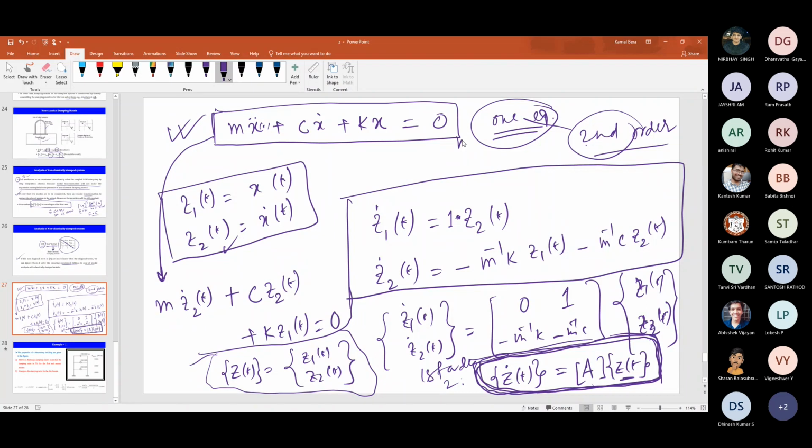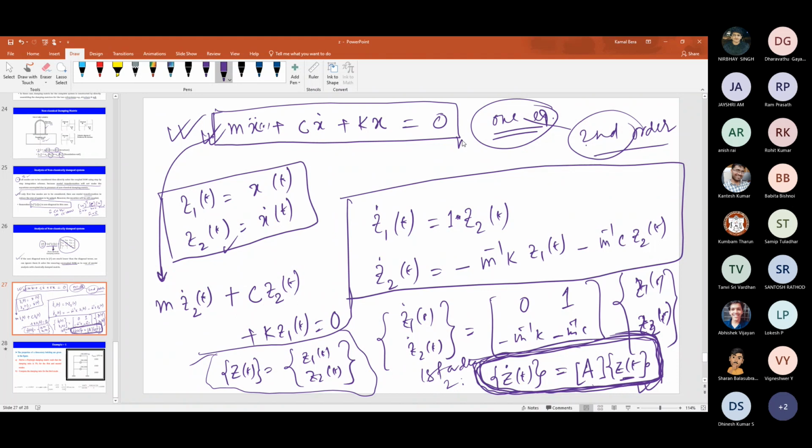It should not really be discussed at the BTech level, but just for information I have given it, since you might encounter it in the future when you read literature or journal papers. They write the second order differential equation as a first order equation because it has some applicability or advantage, like for control theory and vibration control.